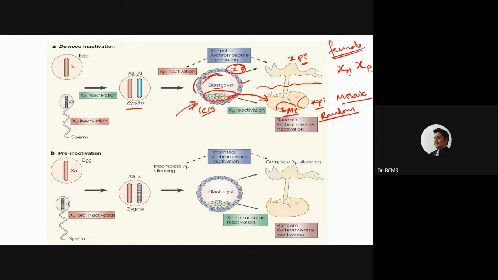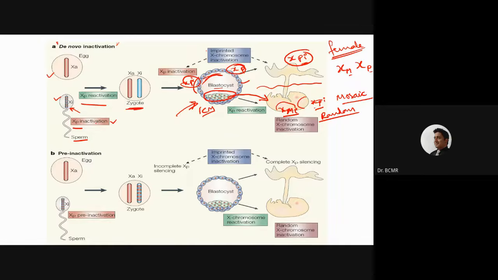So the question is, what makes the paternal X chromosome inactivation happen first, and why does it happen? Some people think that it is a pure de novo inactivation. That means that during the zygote, the paternal X chromosome is reactivated. It has some methylation signatures, which make it more prone to inactivation.